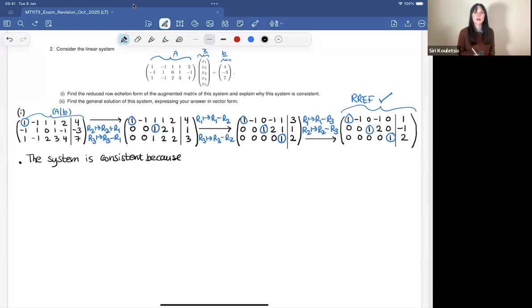And the easiest way to argue that is that the rank of the augmented matrix AB is equal to the rank of A, which we see here. There are 3 leading ones in the augmented matrix, which is the same as the number of leading ones in A.